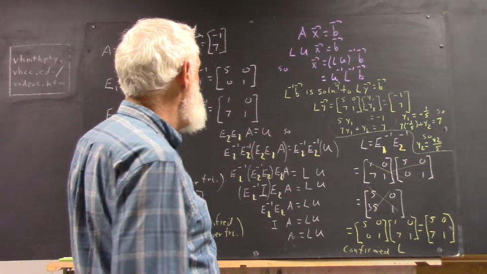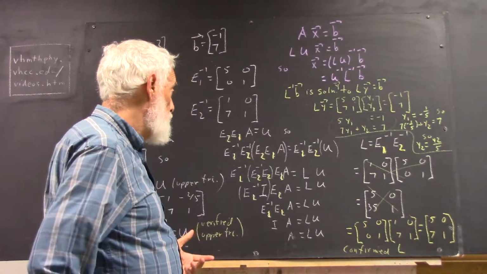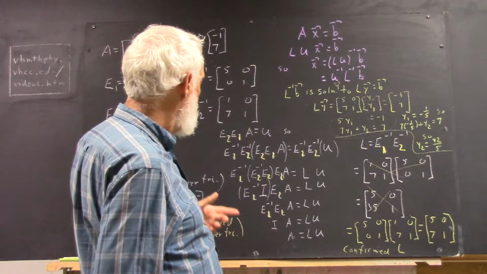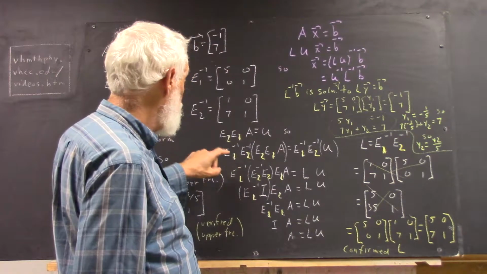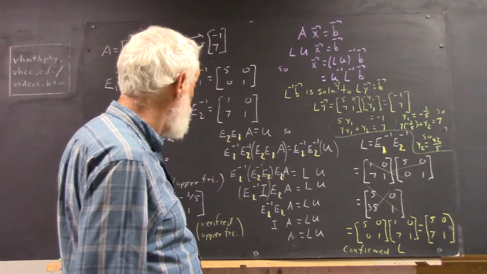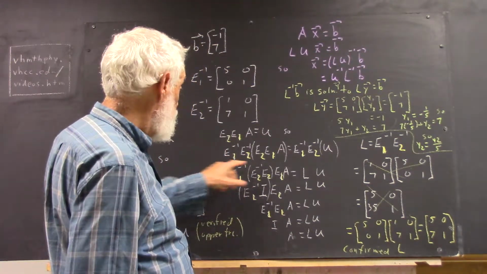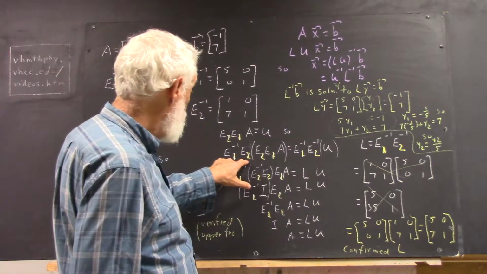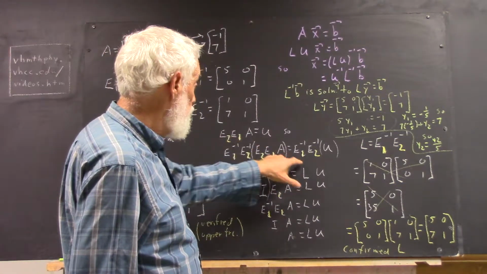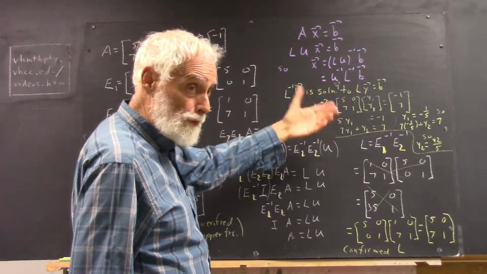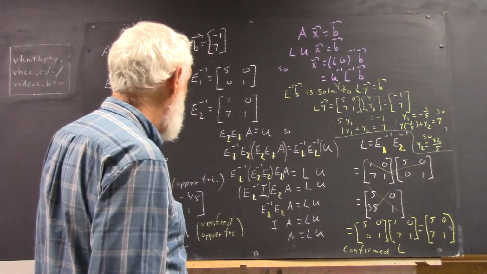Now, it follows that if we multiply both sides of this equation by E1 inverse E2 inverse, here's what we get. E1 inverse E2 inverse times the left side equals E1 inverse E2 inverse times the U matrix, which is the right side.